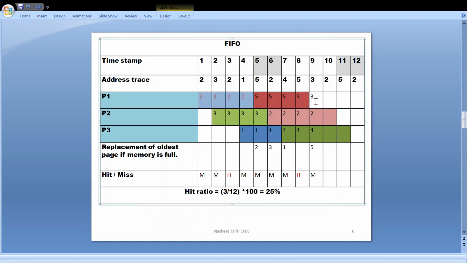Now the processor has to access page number 2. It is there, so a hit occurs and the processor directly accesses it from higher level memory, that is M1. Now again 5 has come, 5 is not there, so a miss occurs. So again we will count the age.